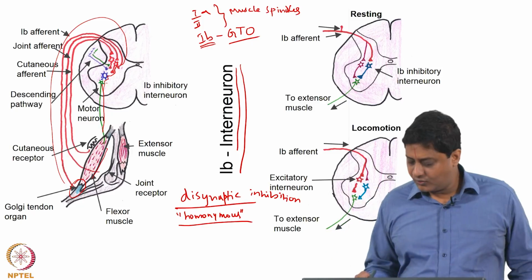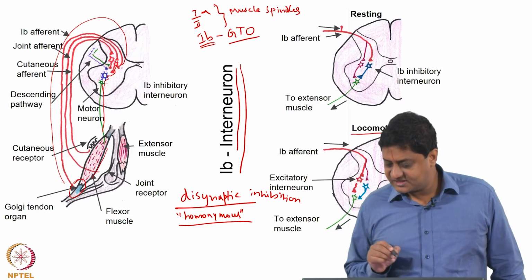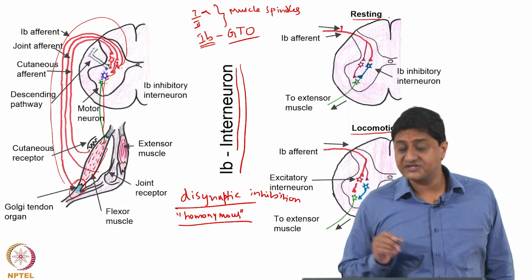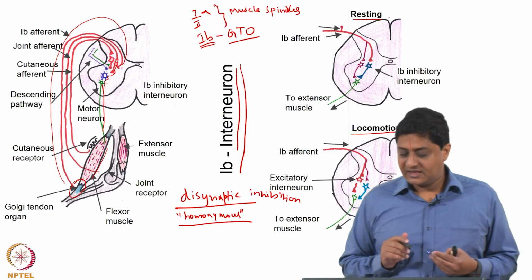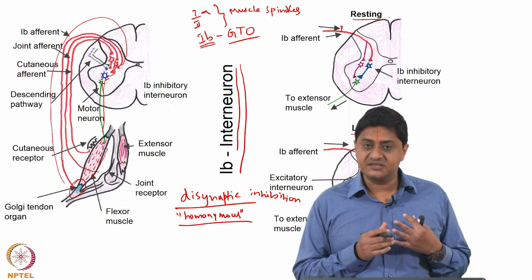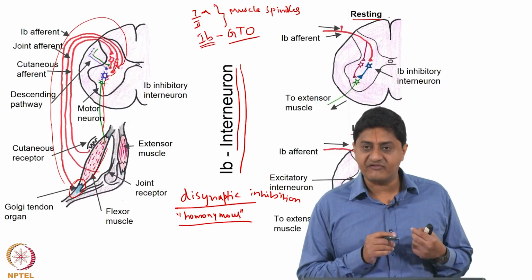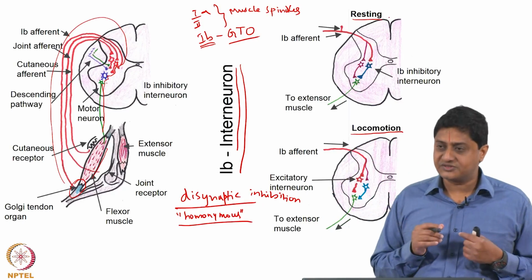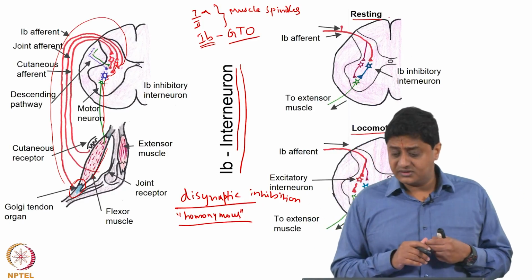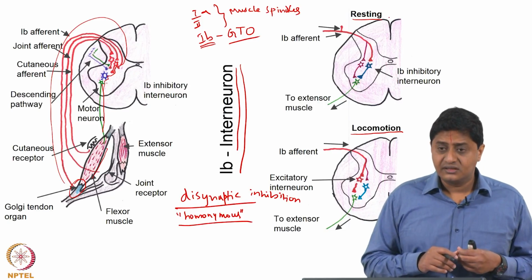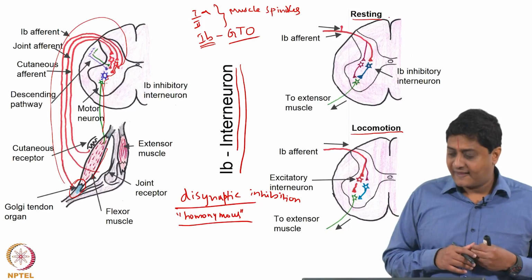Now, what also happens is the special case of locomotion versus resting. I said that the 1B system receives inputs not just from the 1B afferent, but also from multiple sources. It turns out that depending on the state, the response can vary.